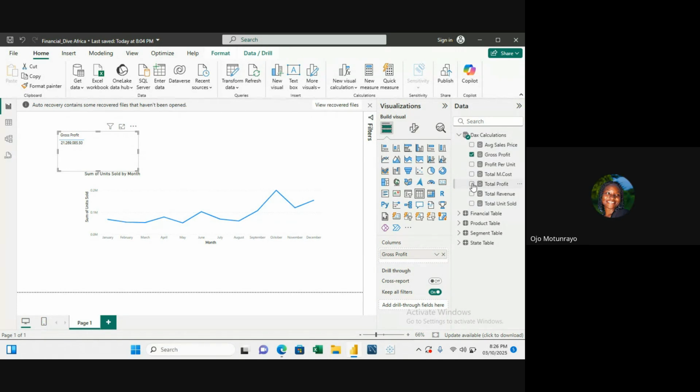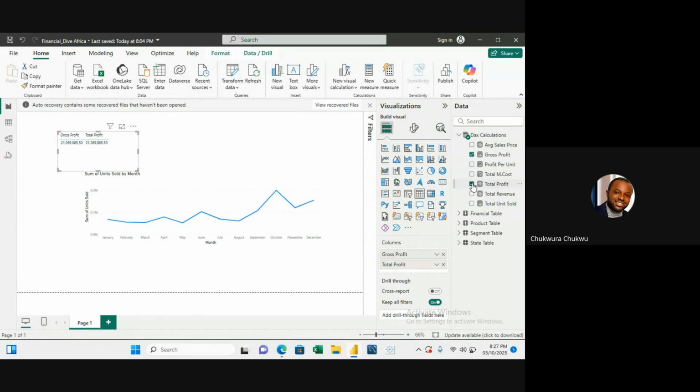Ms. Moturayo, someone is saying something in the chat box, and I think it's correct. Your cost of goods sold is equivalent to your total manufacturing cost.